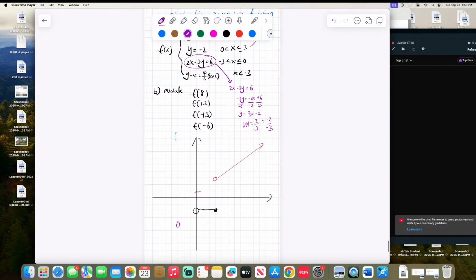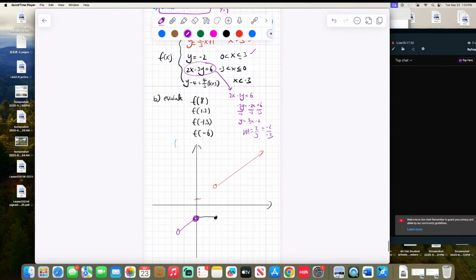And we're going to fill in the circle now and the open circle this way. Is that okay? And the last one is going to give you this point, negative 3, comma 4. Negative 3, comma 4 is going to be an open circle. And it's going to be 4 over 3, so it's going to be like this. And that's the final graph.